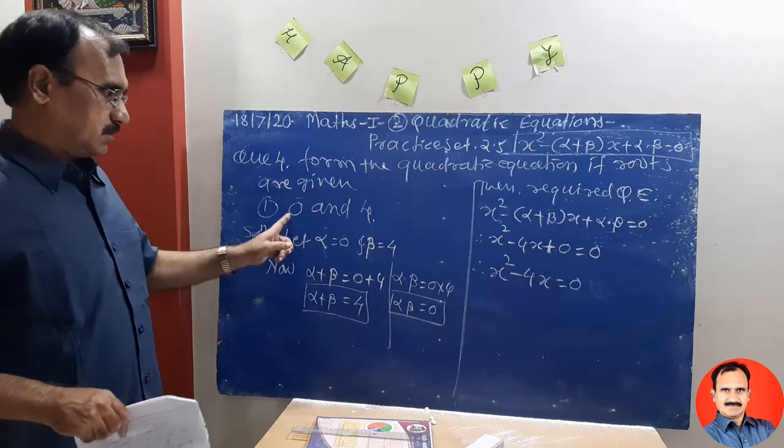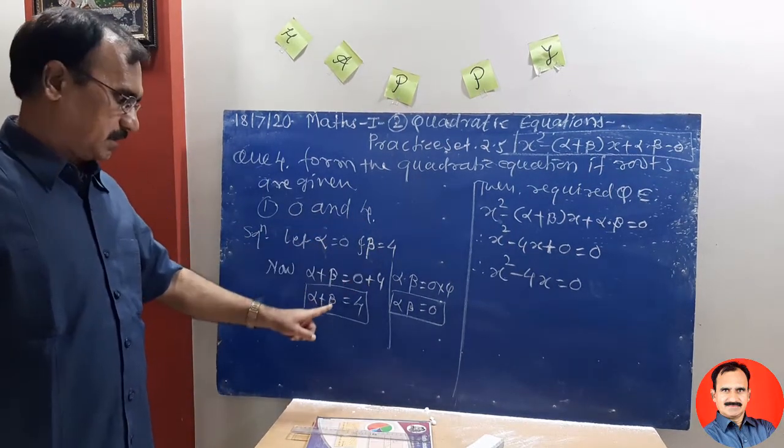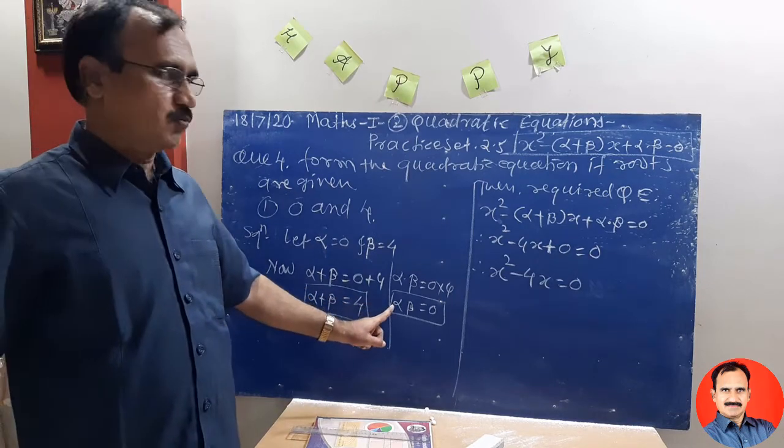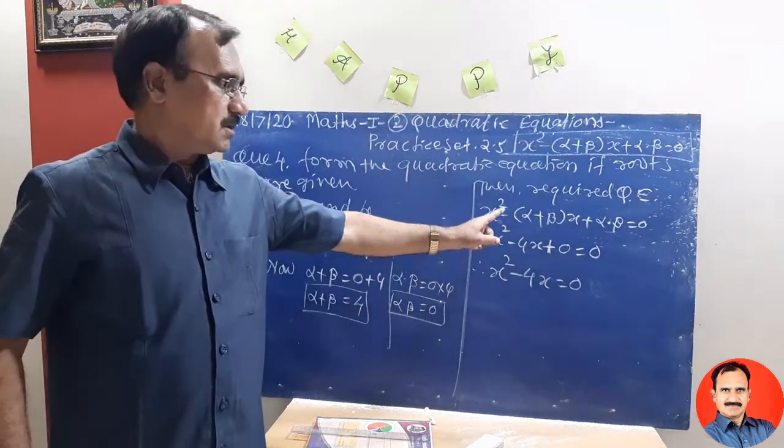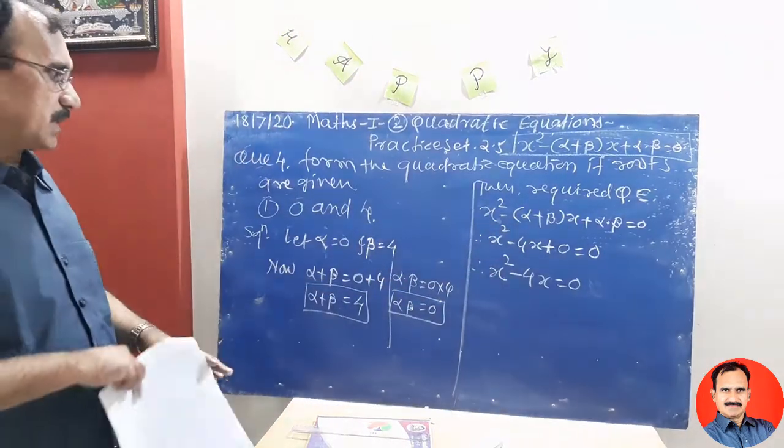Okay, roots are given. Let this will be alpha and beta, then alpha plus beta, alpha into beta. This is the required equation. Put the value here, and this is the required quadratic equation if these roots are given.